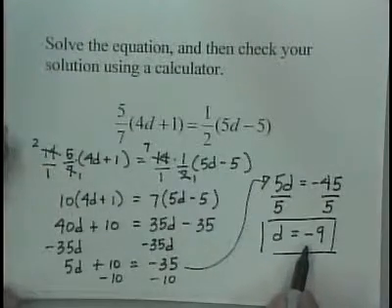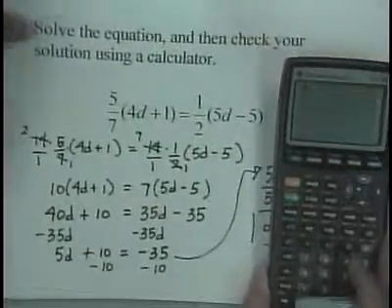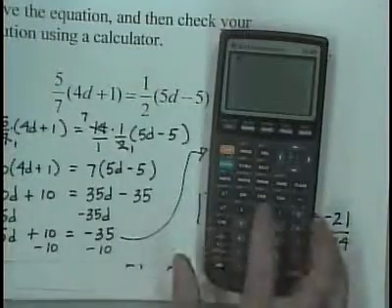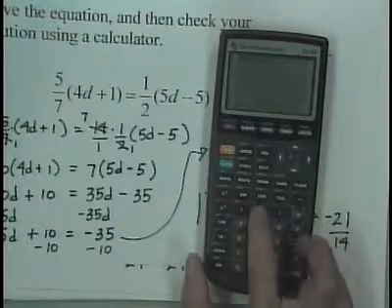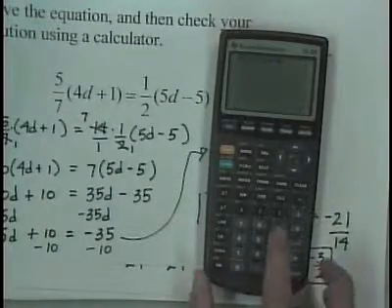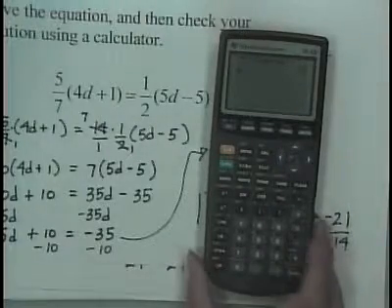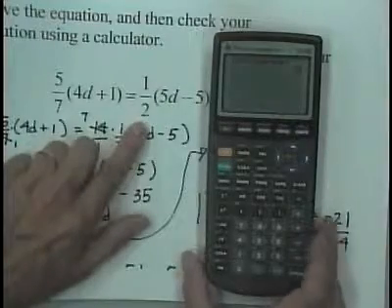Well, let's check that negative 9 is a solution by entering it on our calculator into the left-hand side and the right-hand side of the original equation. So we're going to enter parentheses 5 divided by 7, close parentheses, open parentheses, 4 times negative 9 plus 1, close parentheses, enter, and we get negative 25.